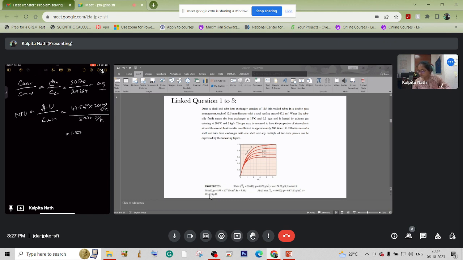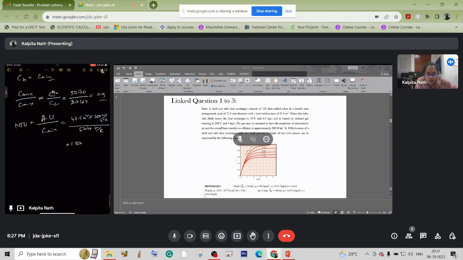Now from the graph given, we will take NTU as 1.87 and heat capacity ratio as 0.19. That means it will come out to be around here, approximately more than 0.75, so we can take 0.78. So epsilon, let us take 0.78.